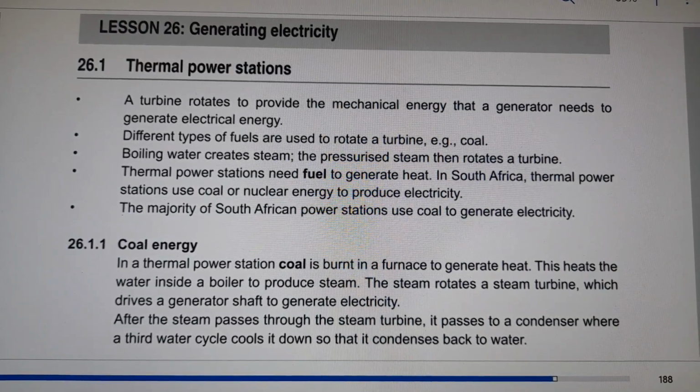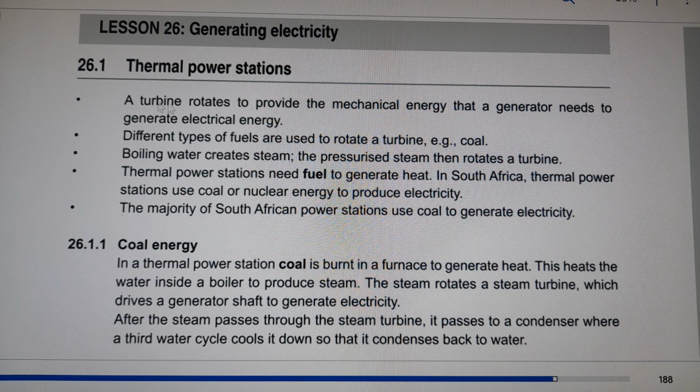Then we move to lesson number 26 on the generation of electricity. How is electricity generated? And we look at thermal power stations. A turbine, this is the coal power stations. A turbine rotates to provide mechanical energy that a generator needs to generate electrical energy.